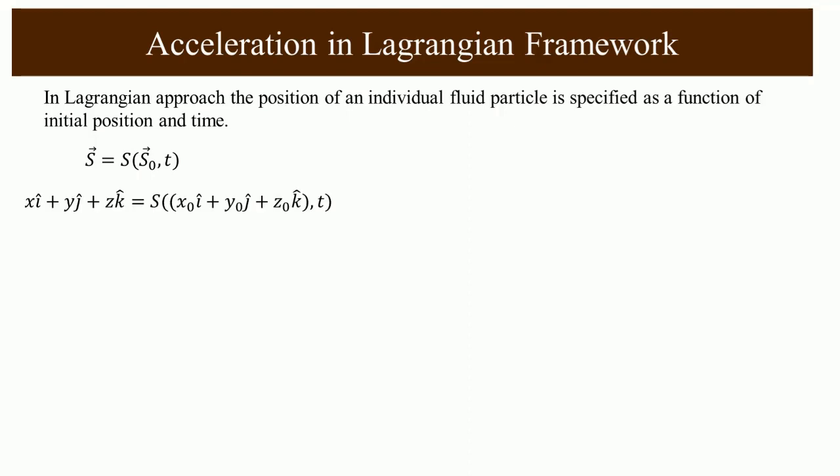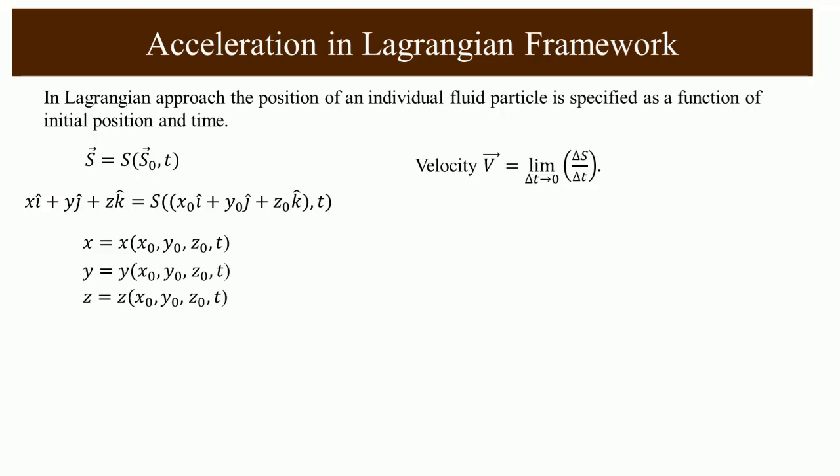Here x, y, z is the position at any time, and x0, y0, z0 is the position at the initial time, which specifies the particle. It gives the particle its name.